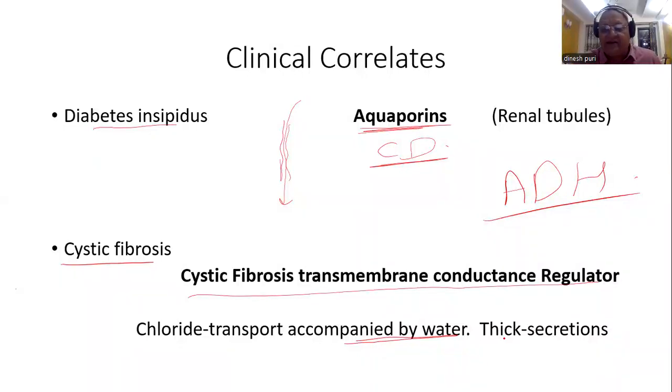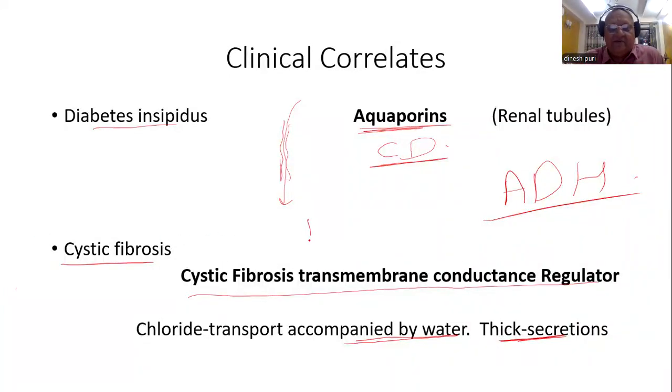As a result, the secretions become thick. For example, in the pancreas, if CFTR is mutated, then what happens? The pancreatic secretion will get thick and viscous, resulting ultimately in plugging of the small ducts. As a result, more stagnation, and pancreatitis will occur.